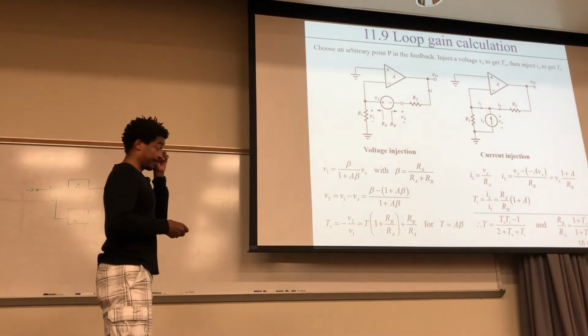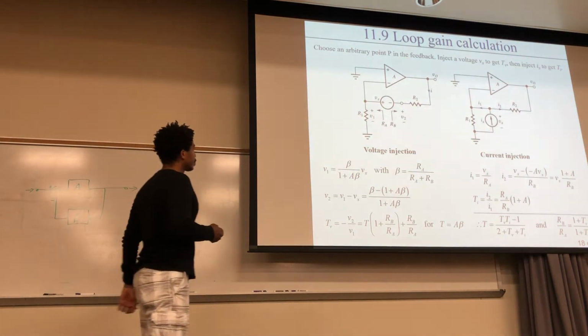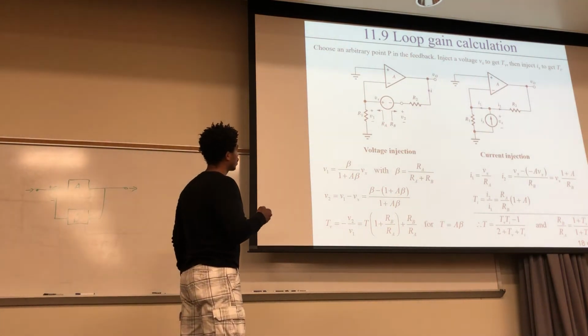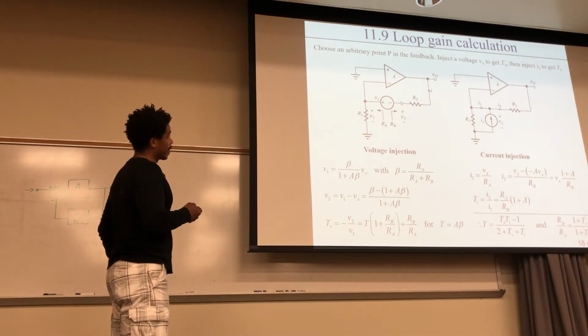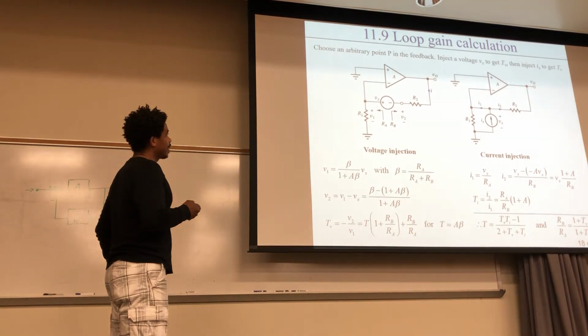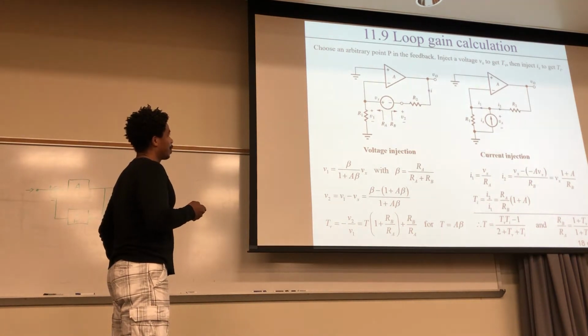Okay. So in this case, for the voltage injection, this is a little weird here, but we're looking at it and we see what the resistances are. Basically, we're going to think in terms of this RA and RB.